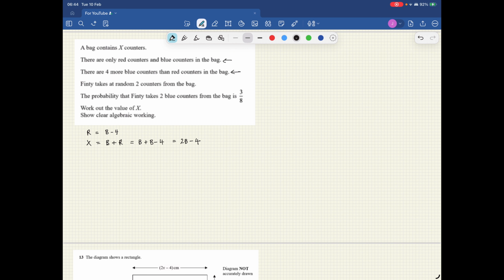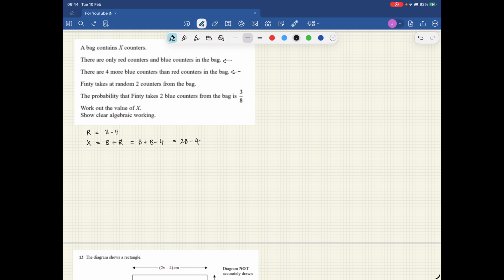So that's the total number of counters in terms of B. And we can now write the probability that Finty takes out a blue counter first in terms purely of B. So pause the video and write down the probability in terms of B alone that Finty takes out a blue counter first.